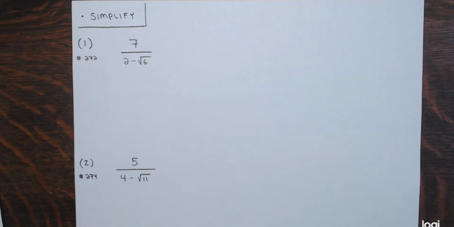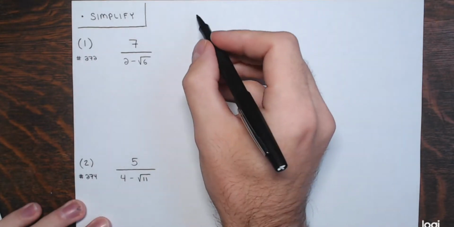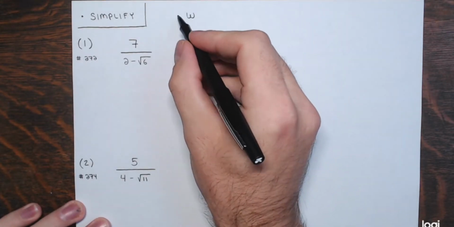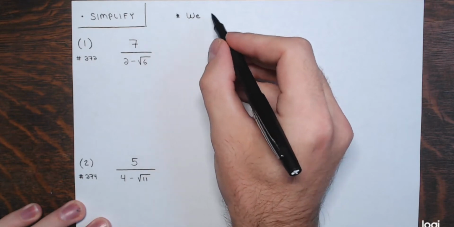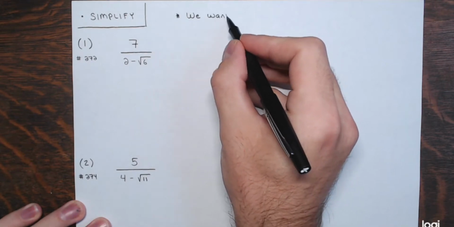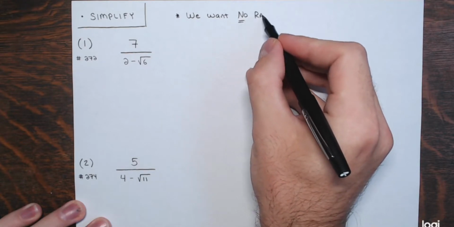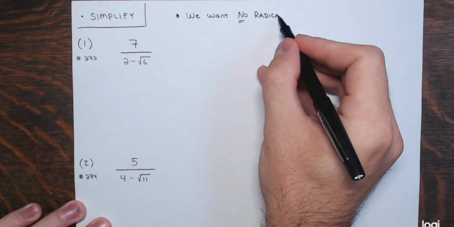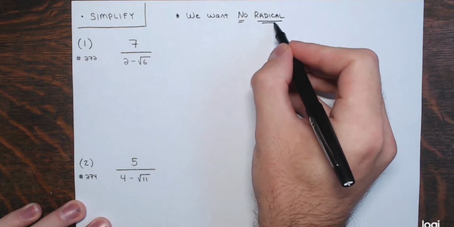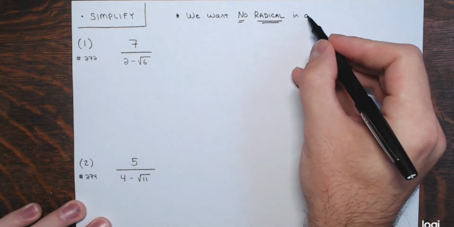Rationalize just means write an equivalent expression that has no radical in the denominator. So we want no radical symbol in a denominator.